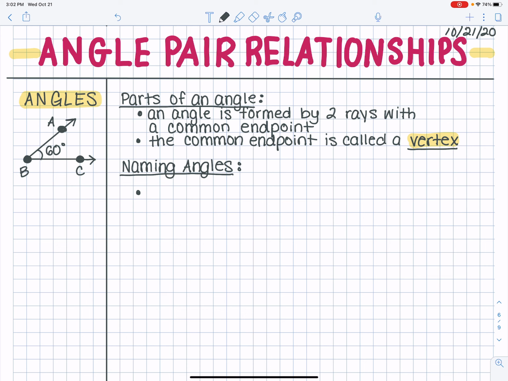So the symbol for an angle that we're going to use is this. It literally looks like a little angle, kind of like a crooked L. That's the symbol that we're going to use every time we talk about an angle. Instead of writing the word angle, I'm going to use that symbol.